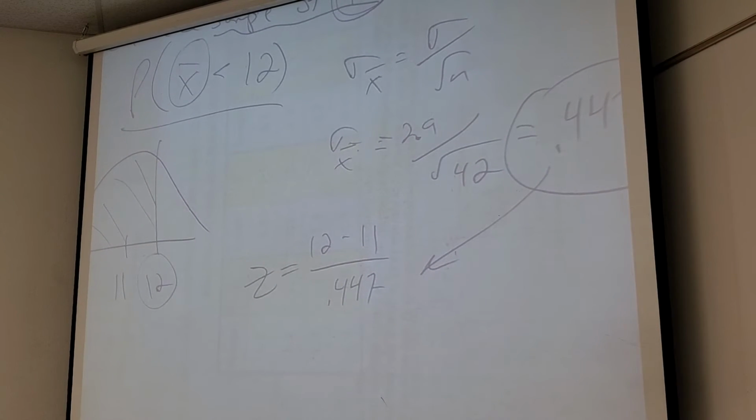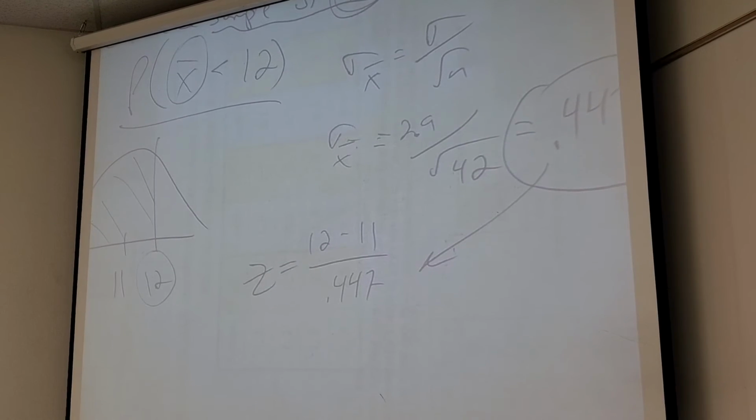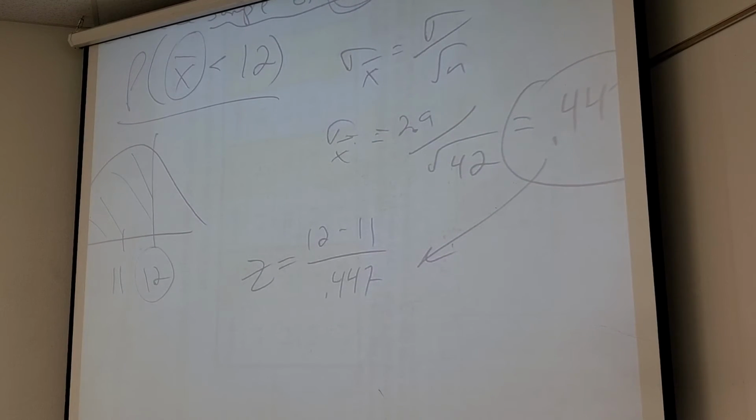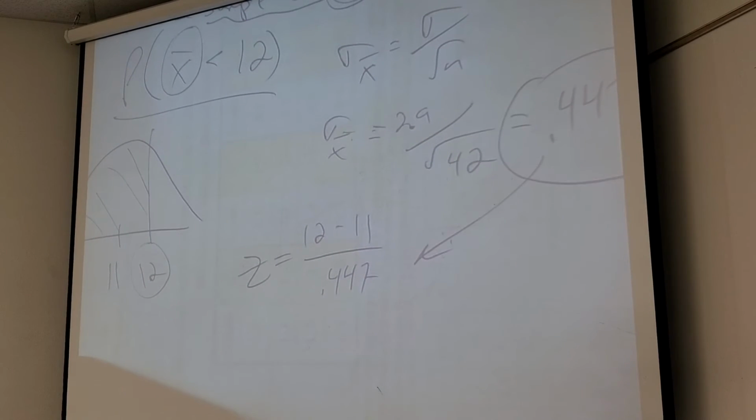So this is what I meant. It took me the longest time. I made a handout that is the most colors ever. Just to explain the idea, but it ends up being the tiniest tweak to the problem. Just change the standard deviation. So what do you get for that z-score there? 2.24.